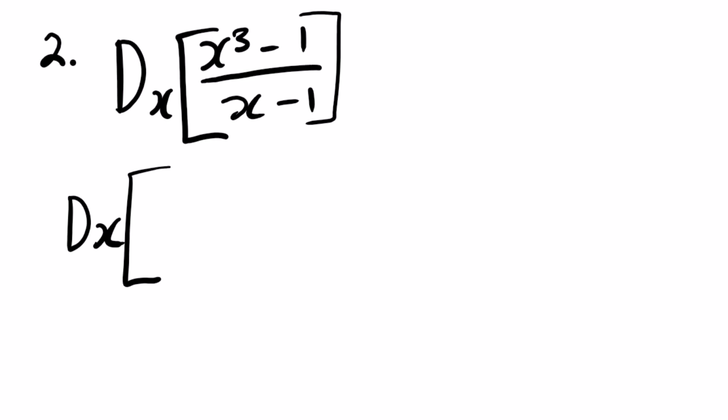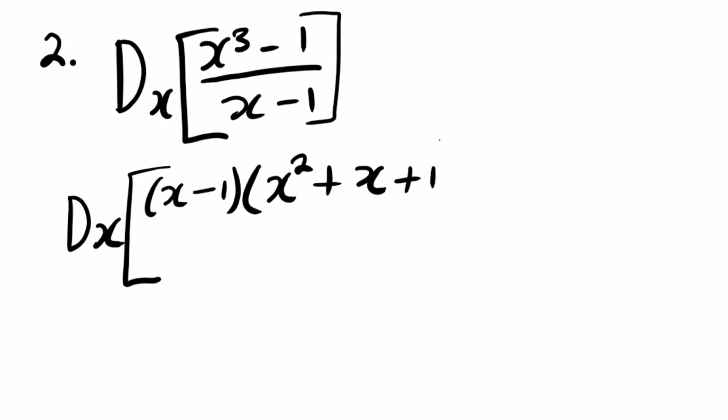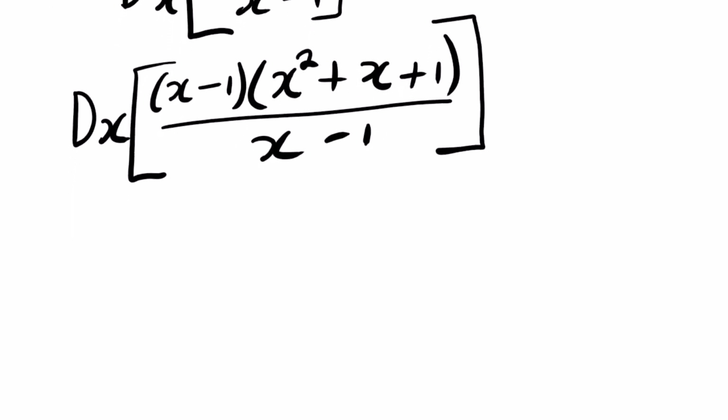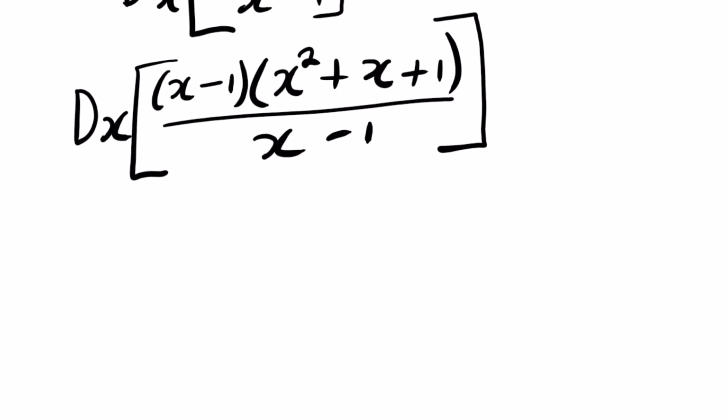What you must know is that x to the power 3 minus 1, when we factorize this, we'll always get x minus 1 times x squared plus x plus 1, all over x minus 1. There is a lesson video whereby we talk about identities of factorization. That is grade 10.